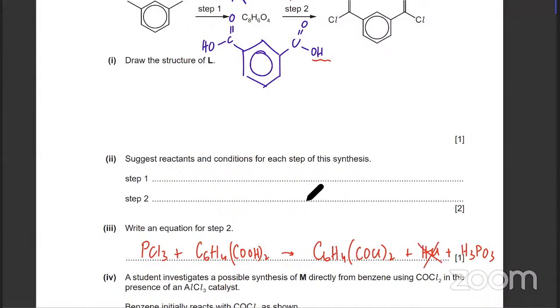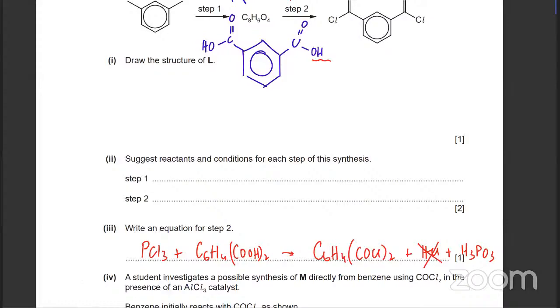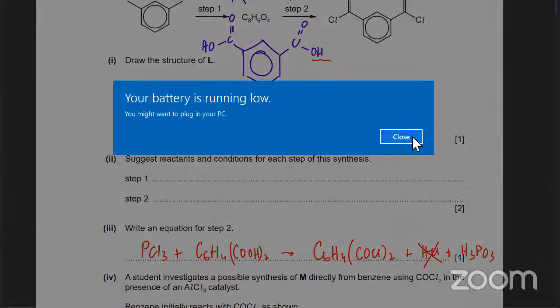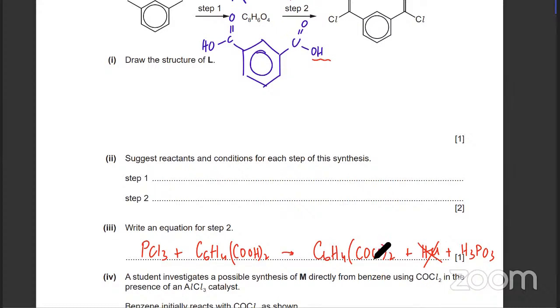It's just H3PO3. So very rarely do they ask for the whole equation. It's just a 1 mark equation anyways. But in this case, they have actually asked for the equation.